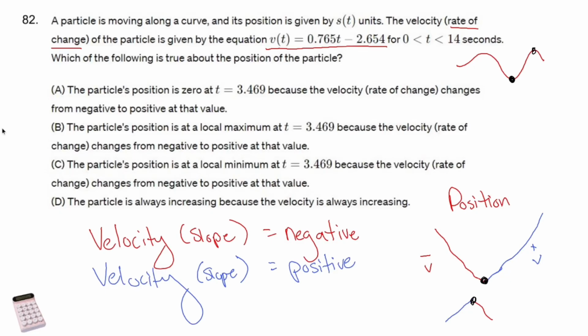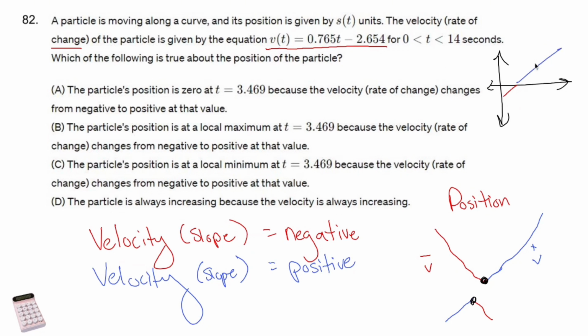So let's go back and try to diagnose what that means. As you can see from the multiple choice options, 3.469, the number that we saw in the calculator, is going to help us out. What we saw in the graphing calculator is the slope went from negative to positive at that 3.469.